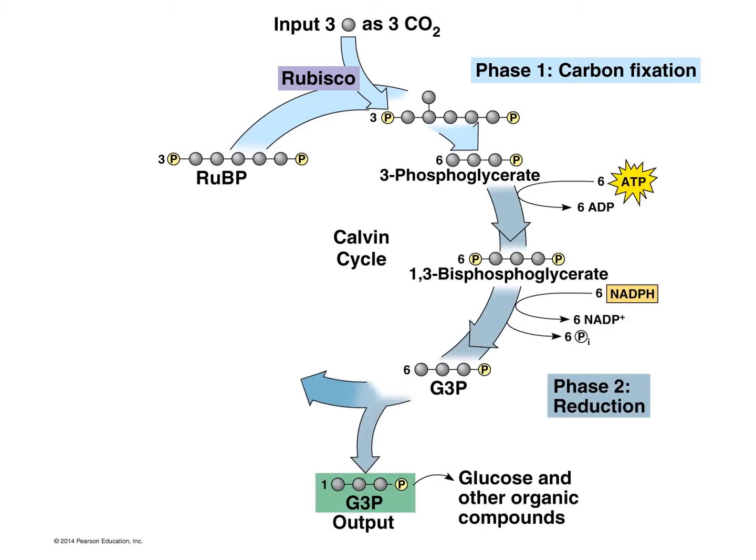Some of the ATP made in the light-dependent reactions are now used. Those phosphate groups are transferred to the 3-phosphoglycerate, converting that into 1,3-bisphosphoglycerate. Some of the hydrogens that were produced in the light-dependent reactions are used.